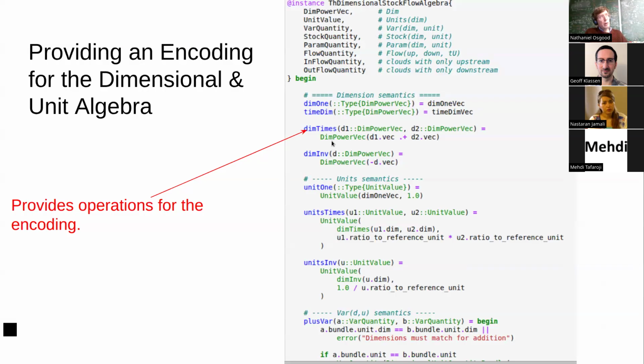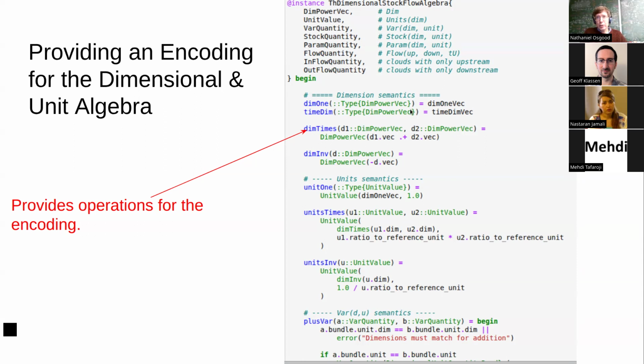Before, we were tracking dimensions as combinations, like expressions of formulas: dimension for person times dimension for time. Here we're actually encoding them as numeric values.